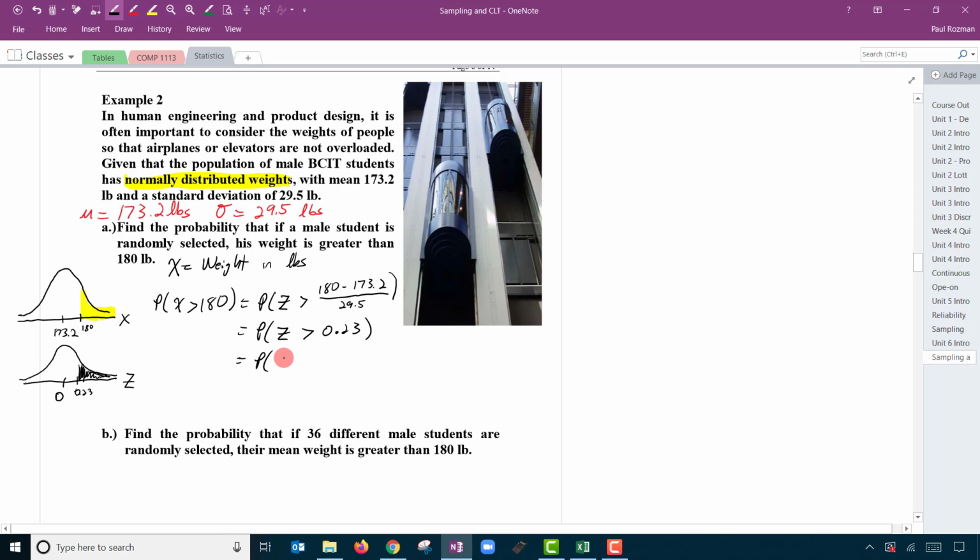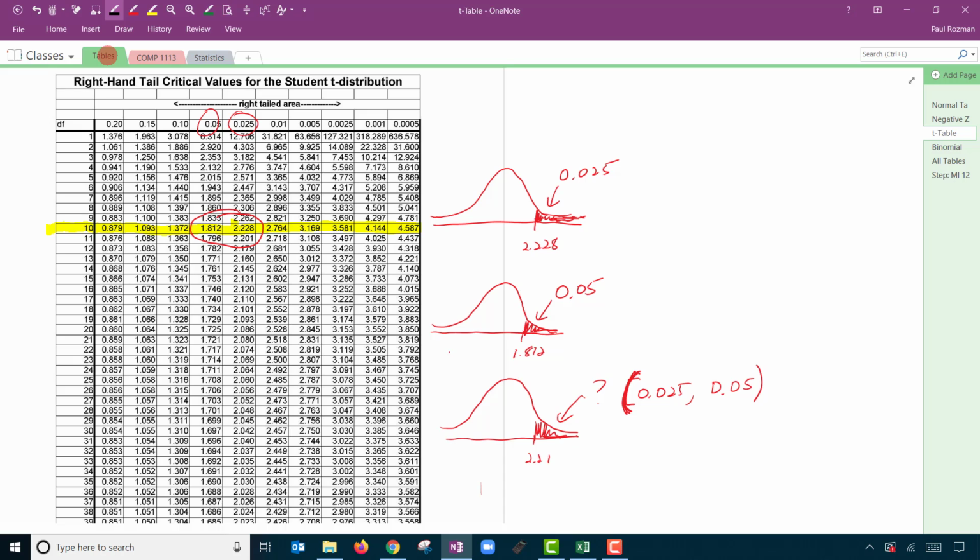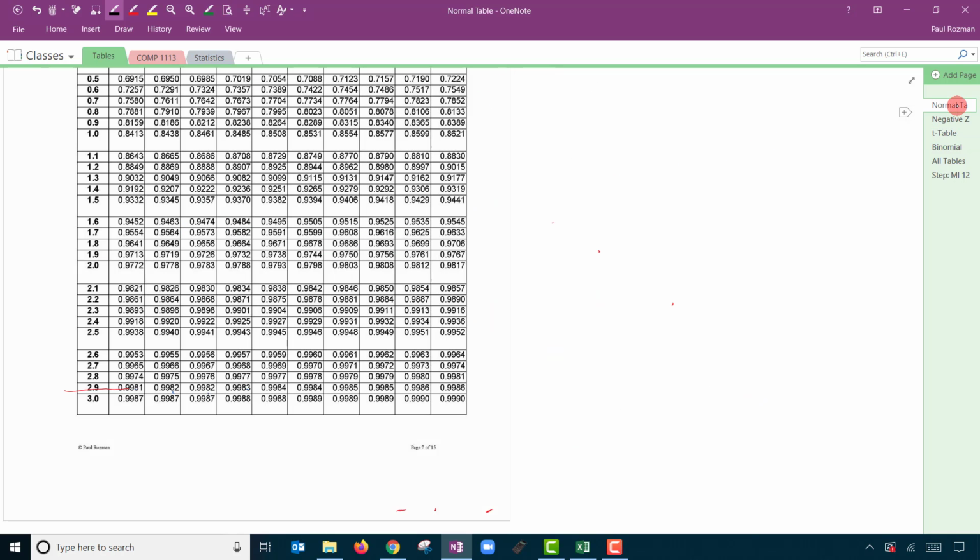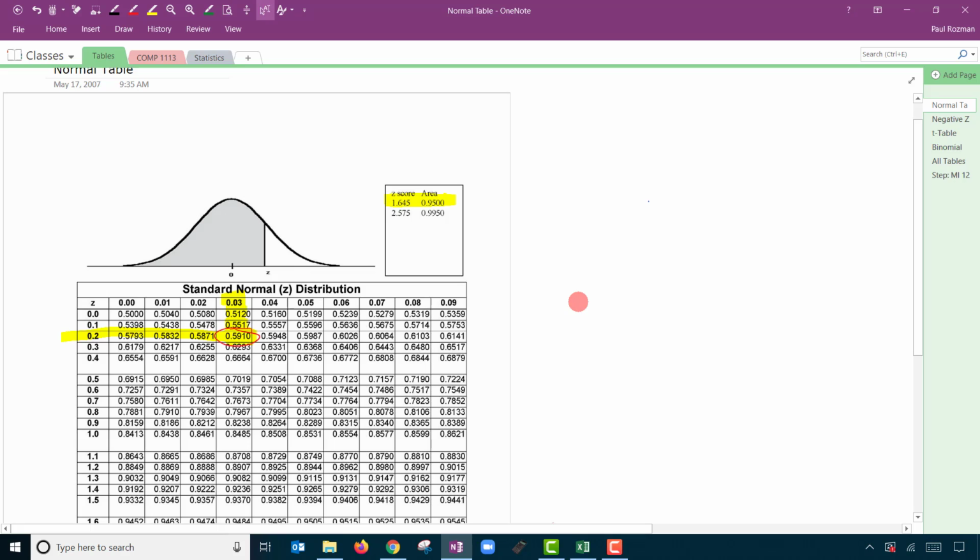So this area should equal the area that's up above. Remember, the z table didn't work to the right, so use the complement here. Look up 0.23 in your z table. Let's see if I have a z table. Oh, look at that. I already have 0.23 highlighted. Cool. So the probability of being to the left of 0.23 is 0.5910.